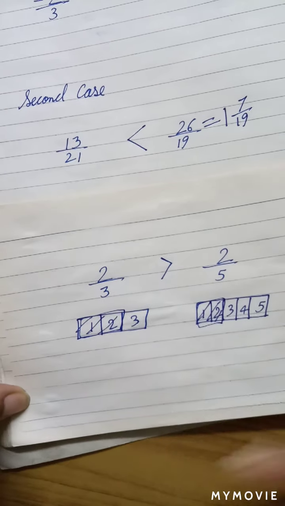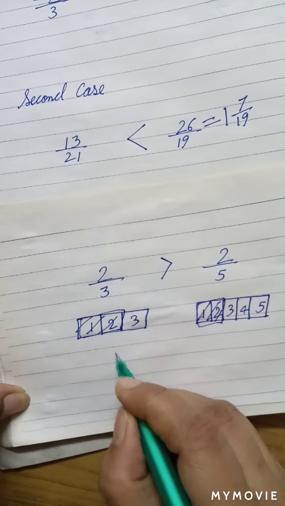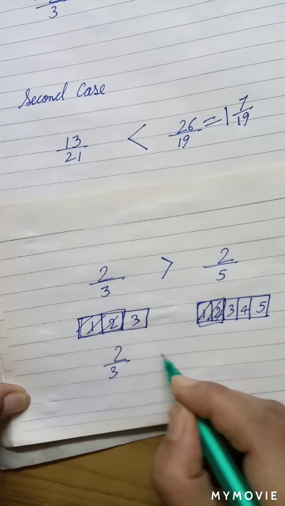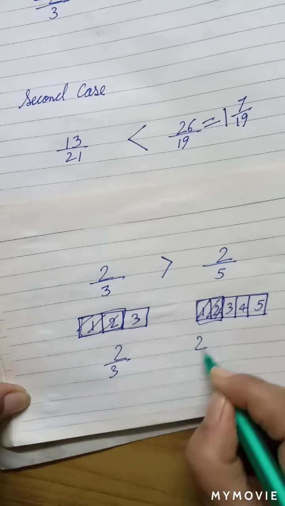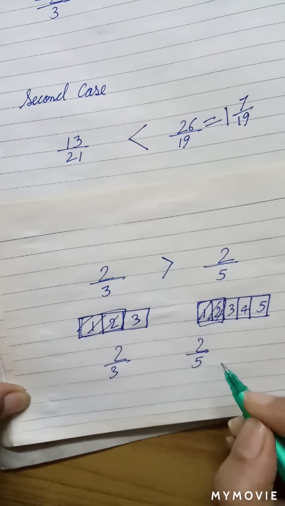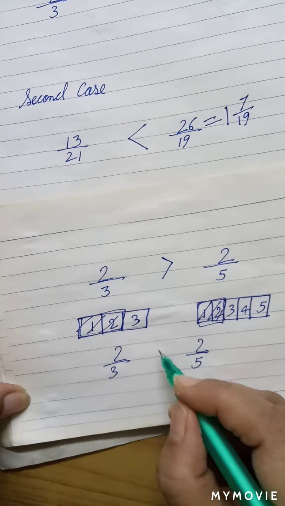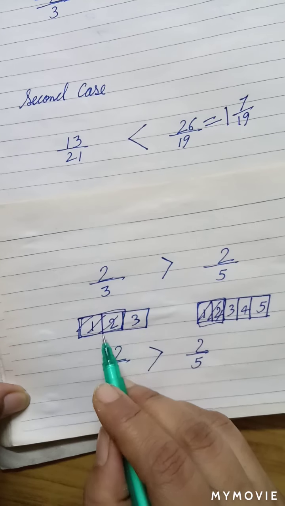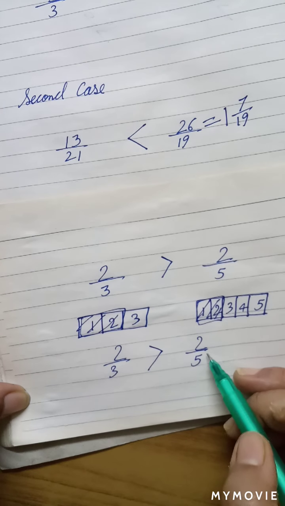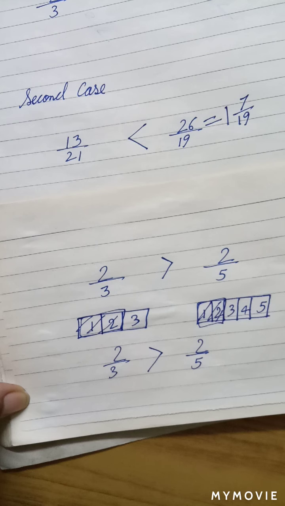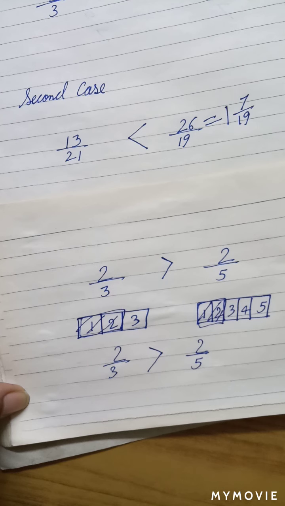So it's clear that between 2 by 3 and 2 by 5, the 2/3 part is greater than 2/5 part. So whenever the numerators are the same, the number with a lesser denominator is always greater.